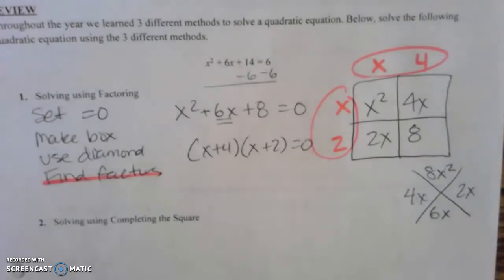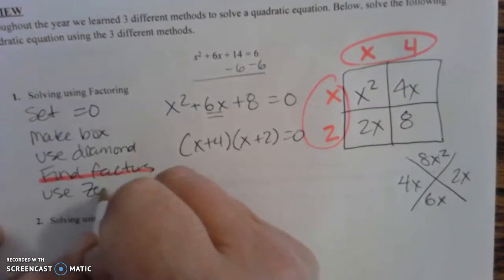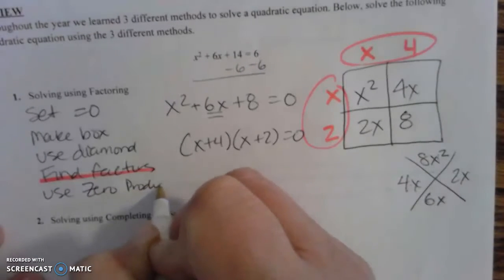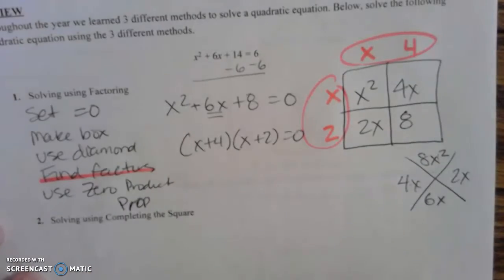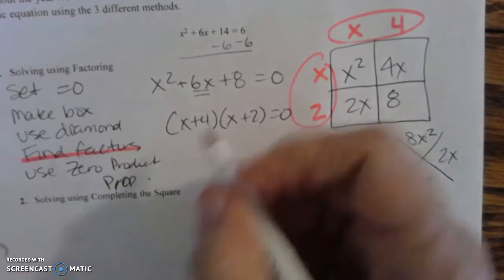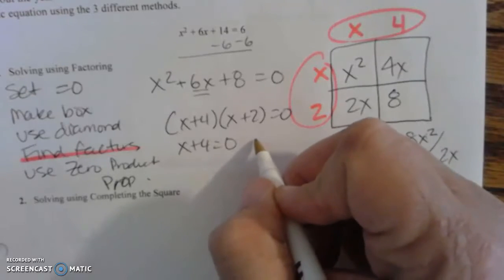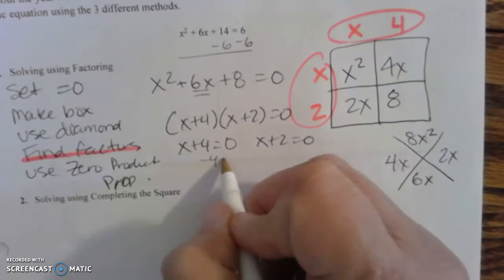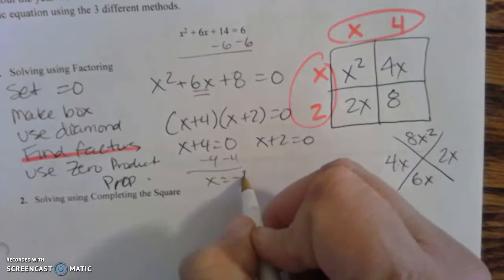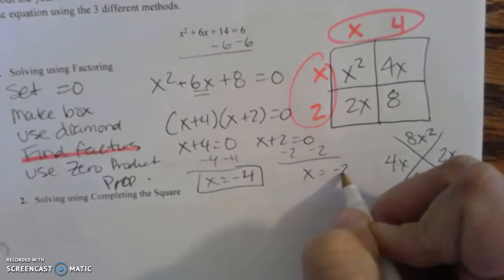2 equals 0, and then we're going to use the zero product property. P-R-O-P, zero product property. We're going to set each of these equal to 0, x plus 4 equals 0, x plus 2 equals 0, and you get subtract 4, x equals negative 4, subtract 2, x equals negative 2.